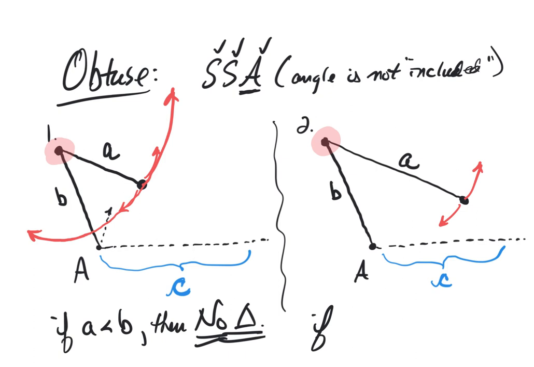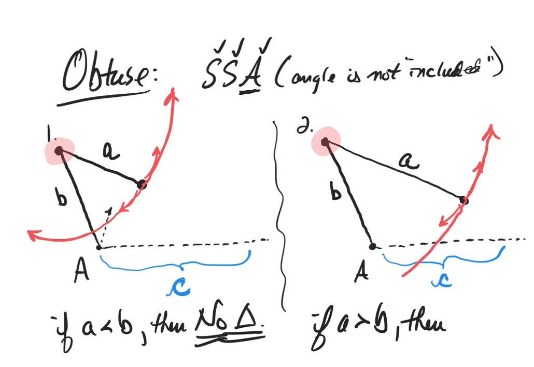But if A is bigger than B, if A is longer than B, then when we swing that arm, remember we're pivoting A on point C. Again, it doesn't make sense to swing it up because I can't create a triangle.